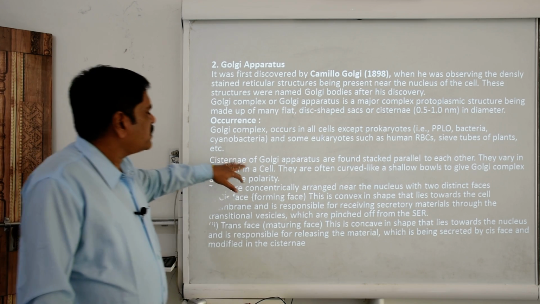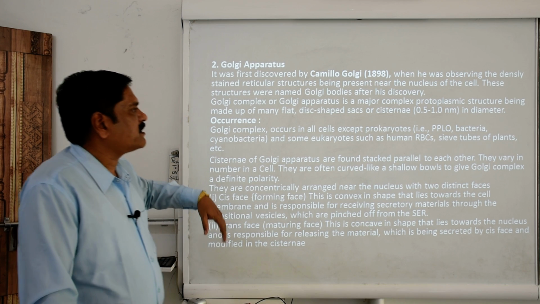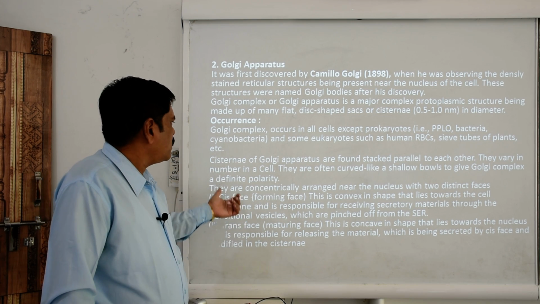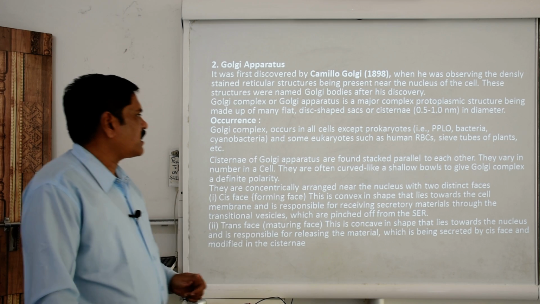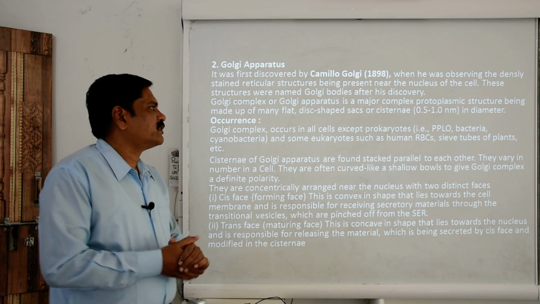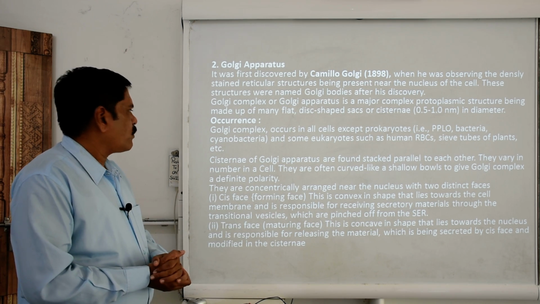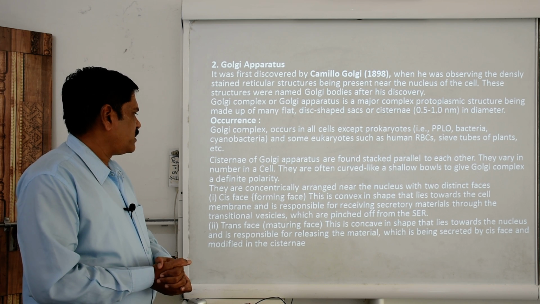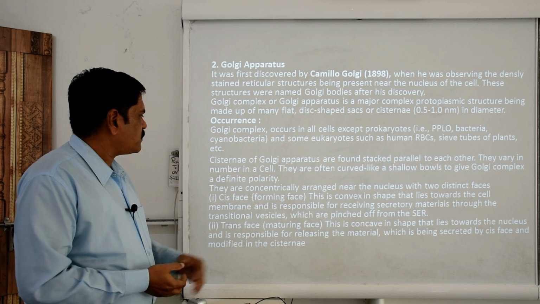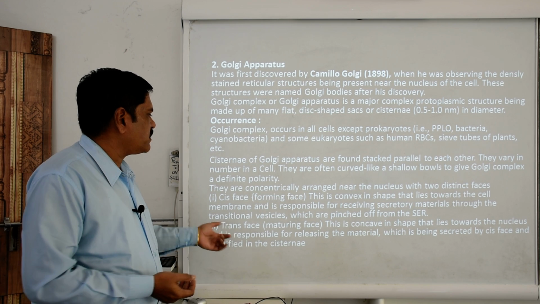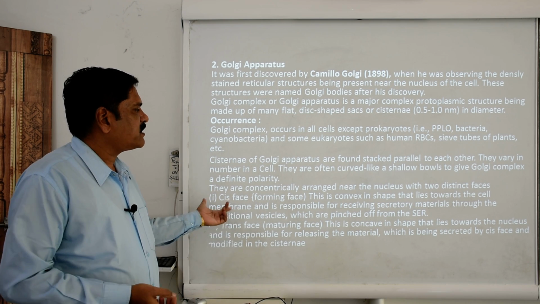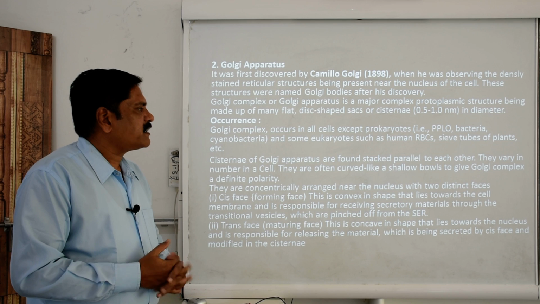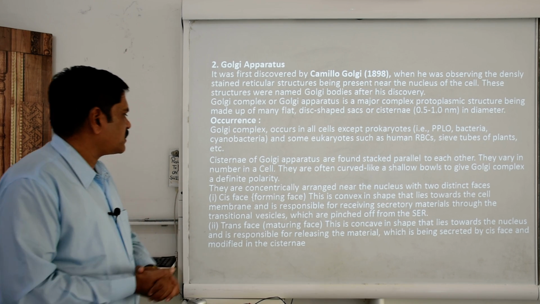Clear? So these cisternae of the Golgi apparatus are stacked parallel to each other, and they vary in number in a cell, and they often curve like a shallow bowl to give the Golgi complex a definite polarity. Clear? So here is one, that is the cis face, and second is the trans face. So what is the cis face? This is convex in shape and lies toward the cell membrane.